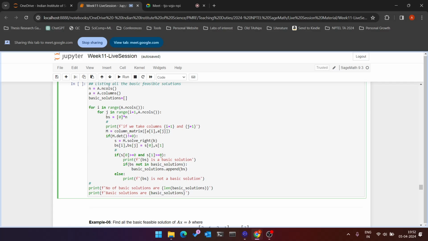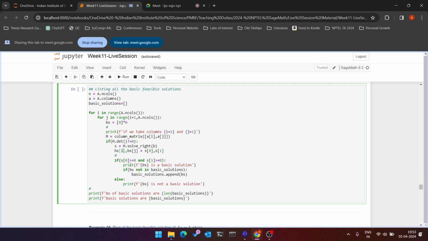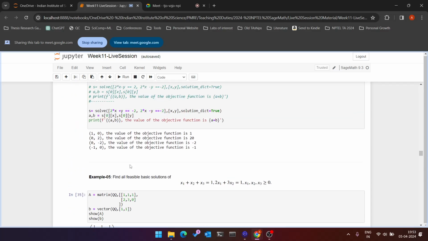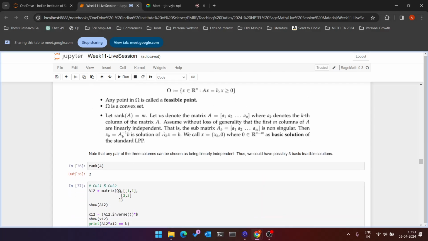Only if the basic solution is non-negative, then we print it out. And before that step, we are appropriately assigning the basic solution i and j values based on what I'm calculating from M inverse into B. So same as this A_B inverse into B that we have here.